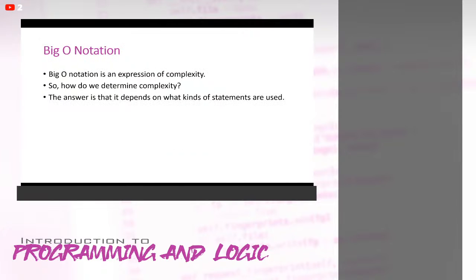Right, and that's in our big O notation. So in our big O notation, this is an expression of complexity. We have essentially different types of complexities in big O notation that we could represent this as. Whenever we're writing big O notation, we write it with a big O, and then in parentheses, we have our number of operations.